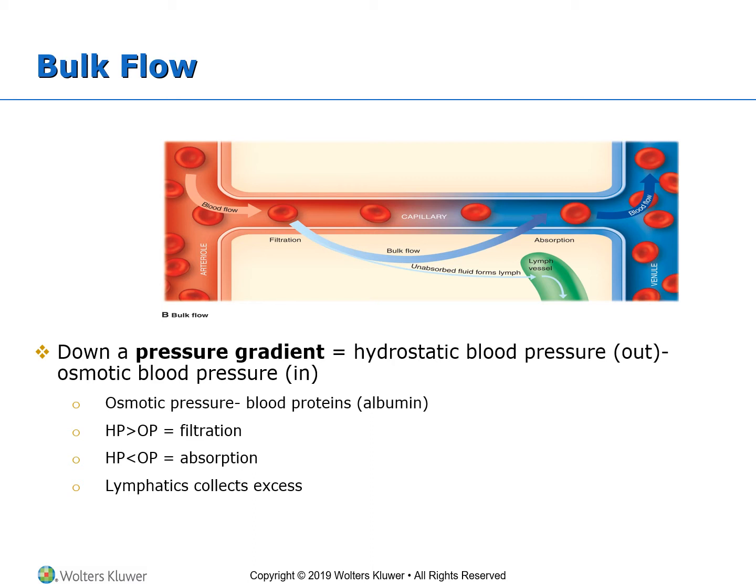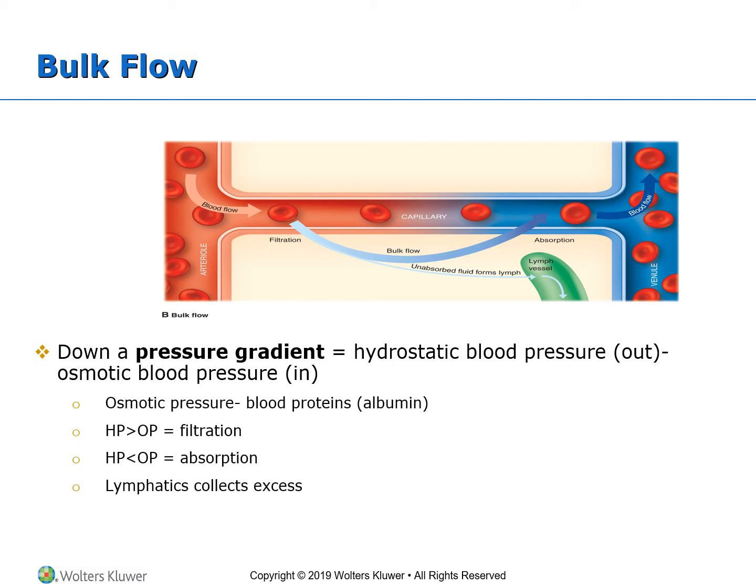And whenever this hydrostatic pressure will be lower than the oncotic pressure, I will have a reabsorption of water. I will have water being collected from the tissues back inside the blood vessels. At the level of the tissues, most of the lymphatics will collect any type of excess. So if you're following with this image, you will see how the blood flows, and at a certain point the hydrostatic pressure is higher than the osmotic one when we are entering inside the capillaries.